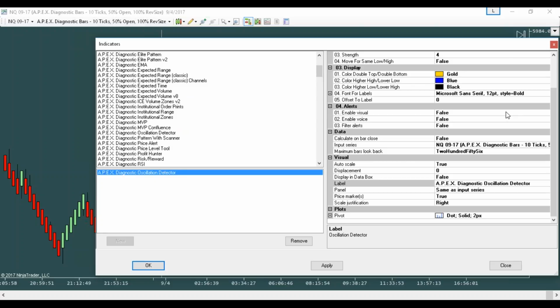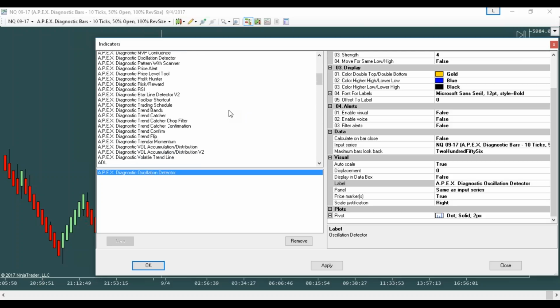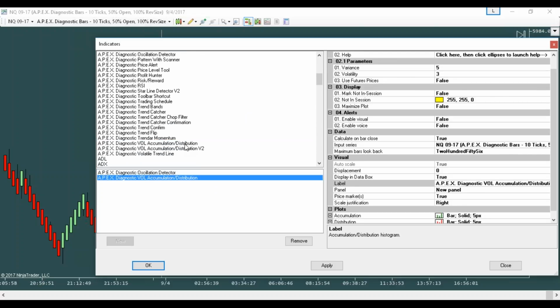Don't worry about messing with any of these settings; you're good to go for now, and we'll get into it here. I'm also going to add on VAD so I can show you the differences and how this works. Give me just one second.